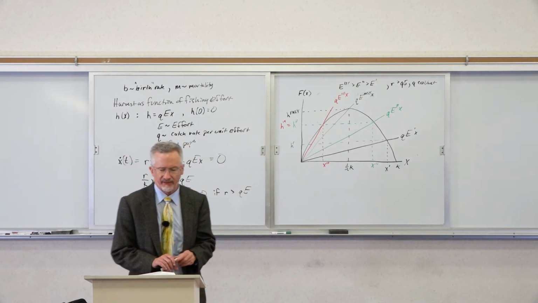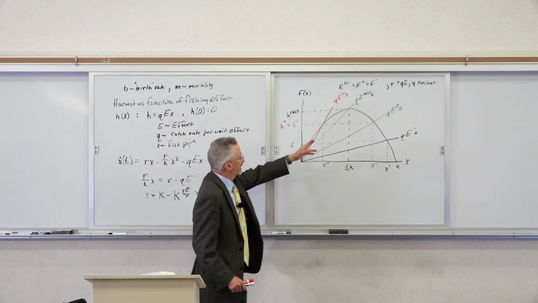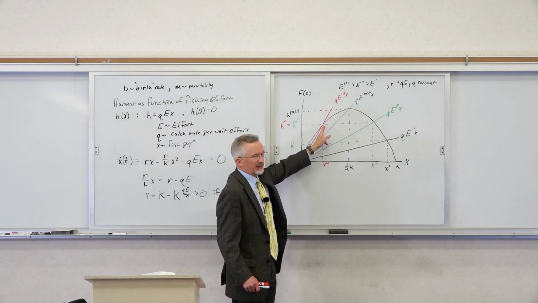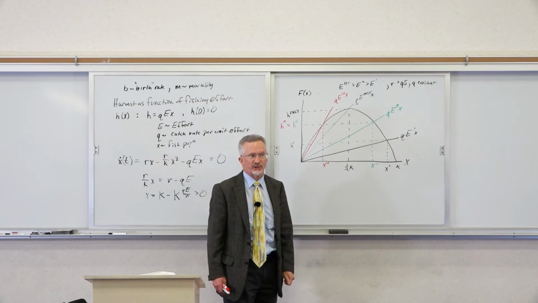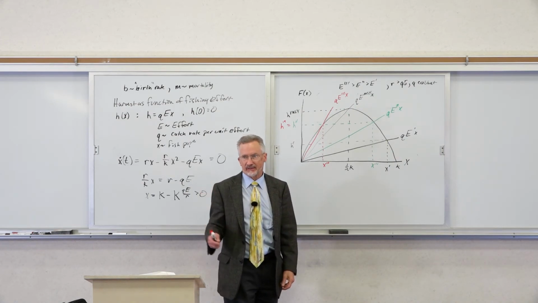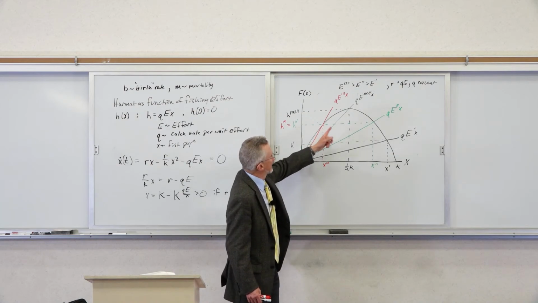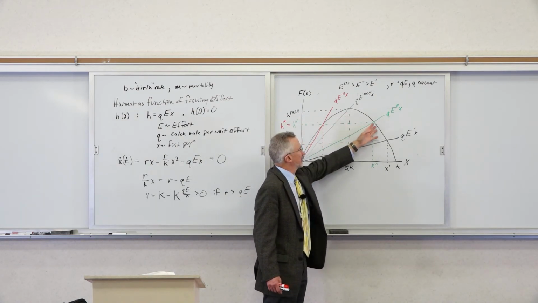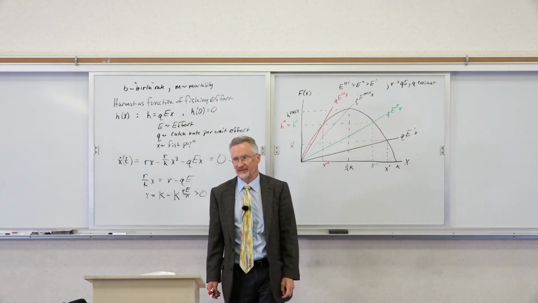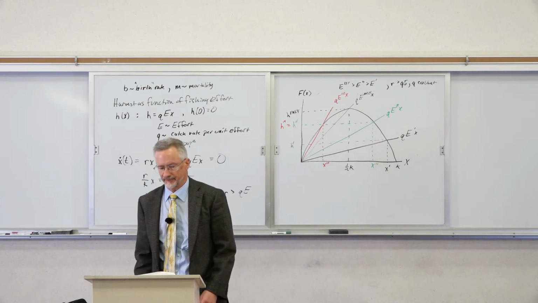Any additional effort that goes beyond that, pretty clearly we should think of as being wasted, because we could have used less effort, less capital, fewer boats, et cetera, and gotten the same harvest. For anything that we get over here, we could have been over here with less effort, right? Less cost.